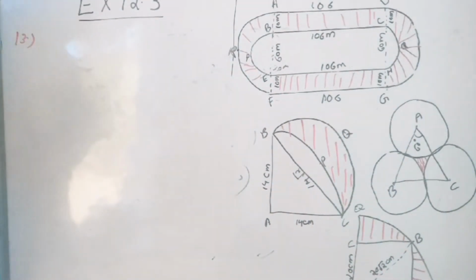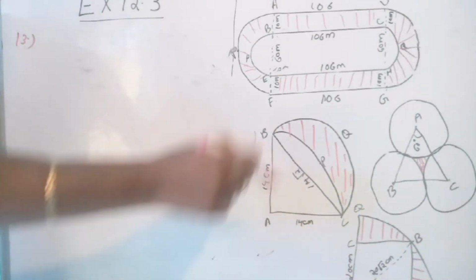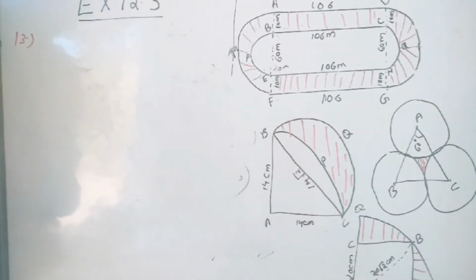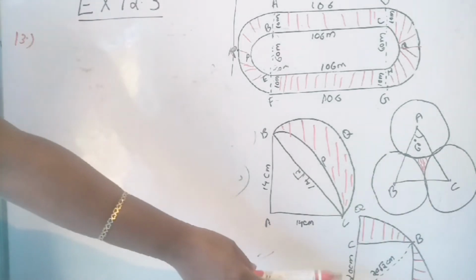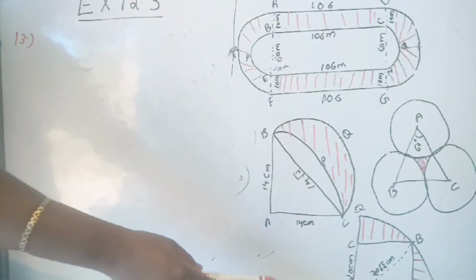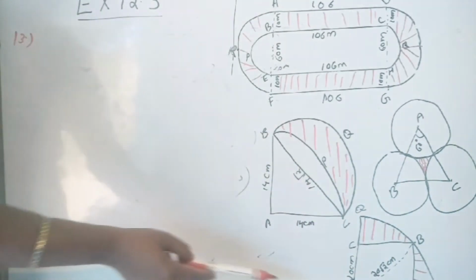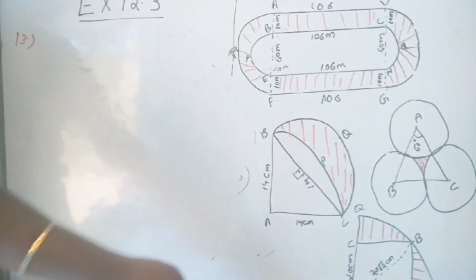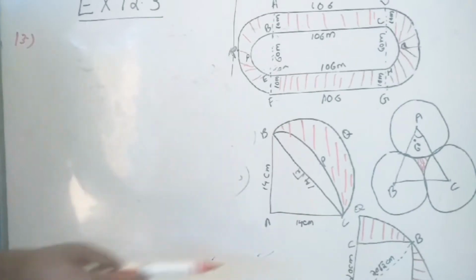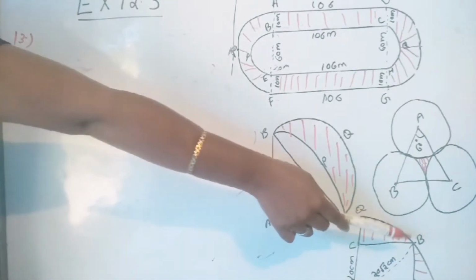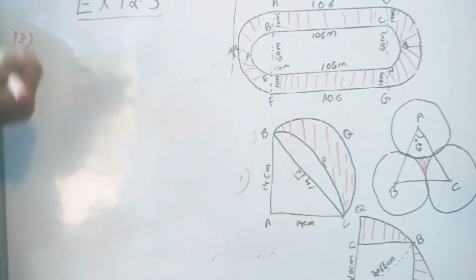Area of shaded region. And before that we need to find this OB length. So consider this triangle OCB. Since OA is 20 centimeter and OABC is a square, this OC is 20 centimeter and CB is also 20 centimeter.